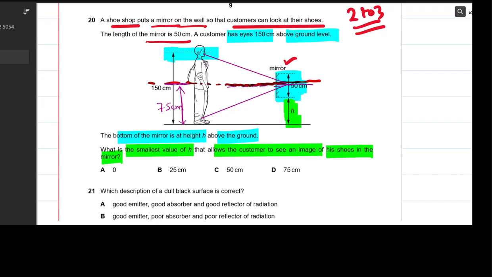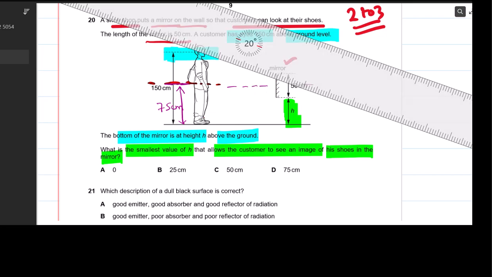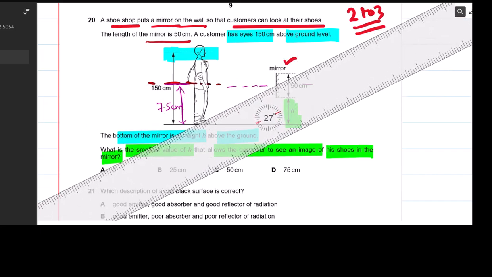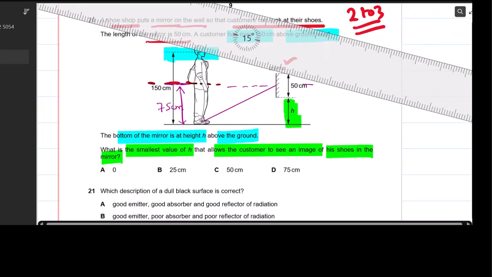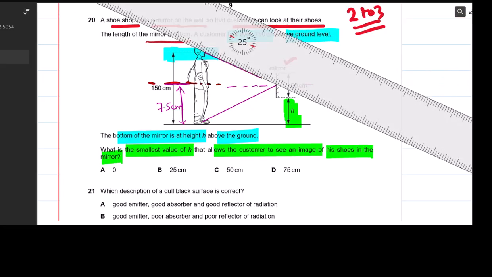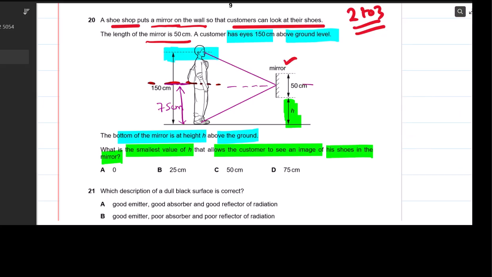Still it has a little mistake. Let me draw it again. It will come from here like this. Yeah, now it is appropriate till here, and then from the eyes till this. Now it is much better. And here we will have the normal. So this is the point where the image is formed.